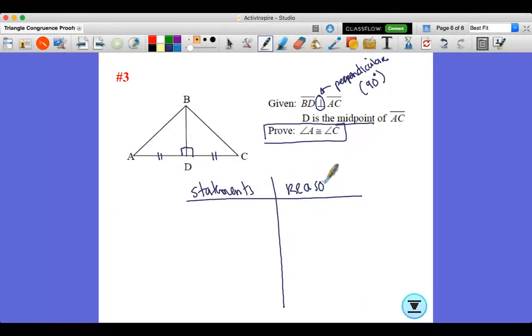Remember, every statement has to have a reason. Okay, so I'm going to start with this. BD is perpendicular to AC. Given. I'll say angle BDA and angle BDC are right angles.